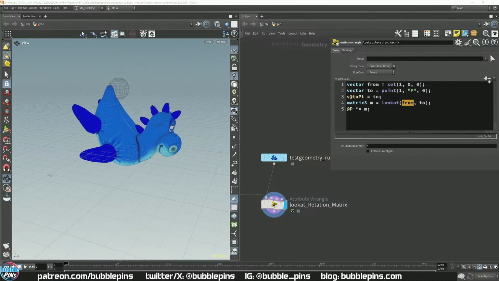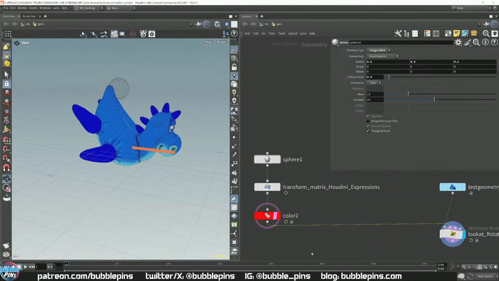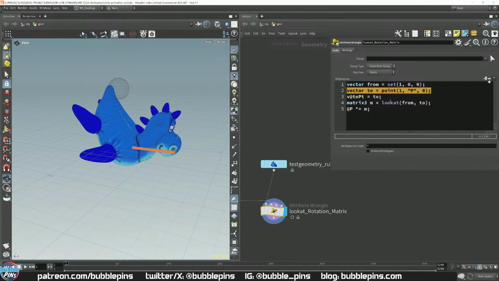That is the from. So this is the static one over here. And then the to, which is grabbing from the P, the position P of the sphere. So you can see that this connection's over here, and I'm grabbing the updated positional vector.